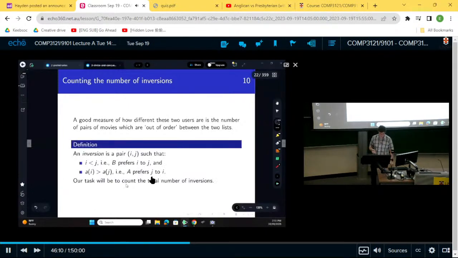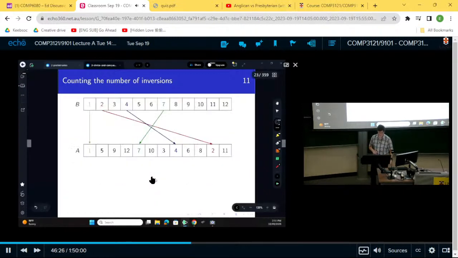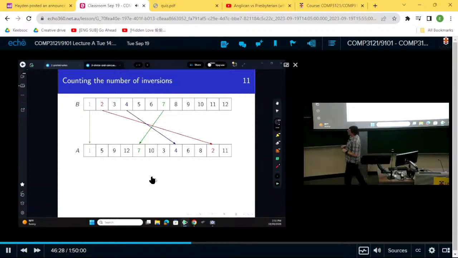That's exactly the number of inversions. An inversion is a pair such that B prefers I to J and A prefers J to I. So we want to count the number of inversions. Try and start thinking about an algorithm to do this, using our divide and conquer method.